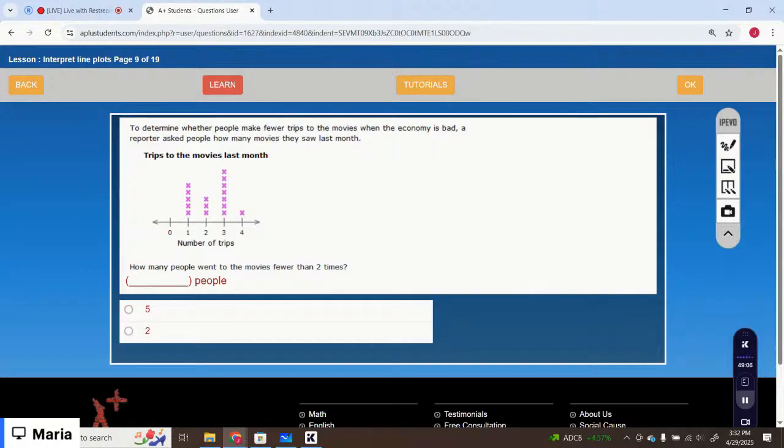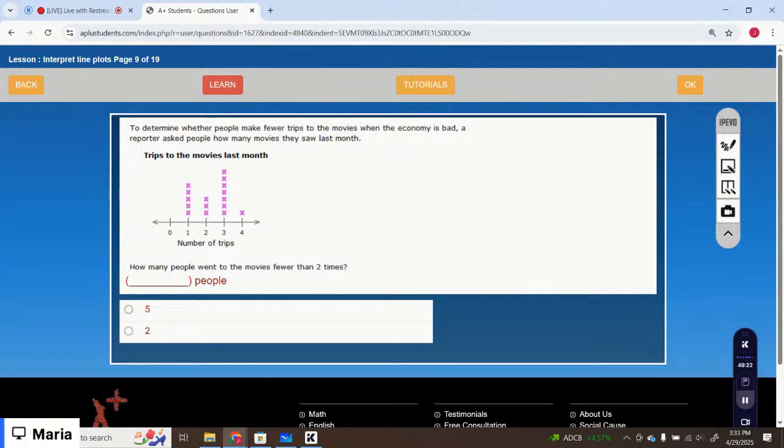To determine whether people make fewer trips to the movies when the economy is bad, a reporter asked people how many movies they saw last month. How many people went to the movies fewer than two times?